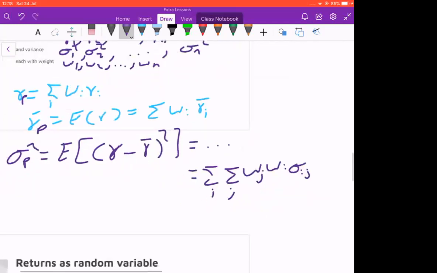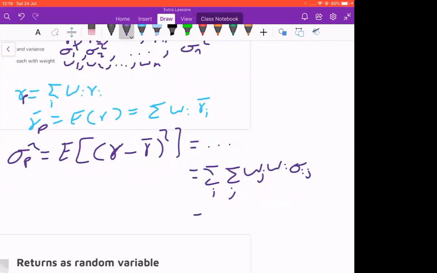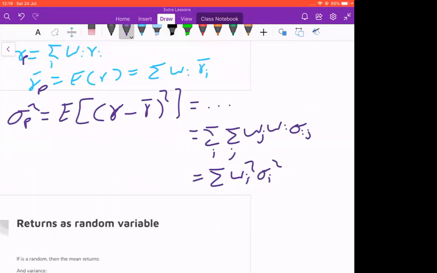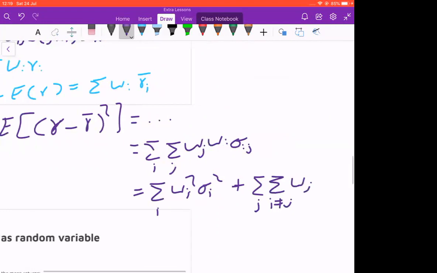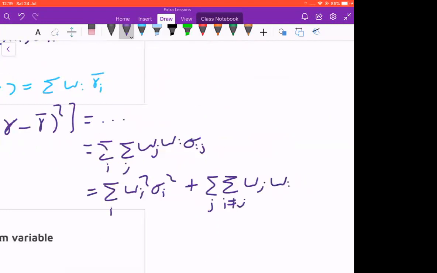So you can also write this variance like this: it's going to be the sum of all your weight i squared sigma i squared, plus the sum over i not equal to j of weight i, weight j, sigma ij.